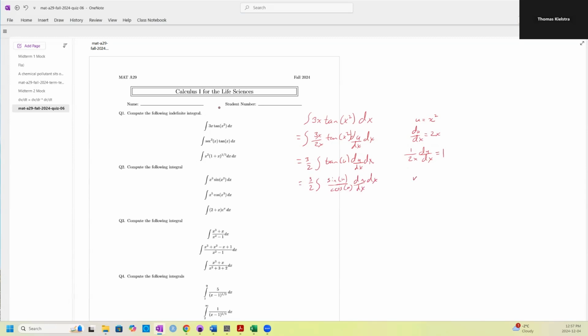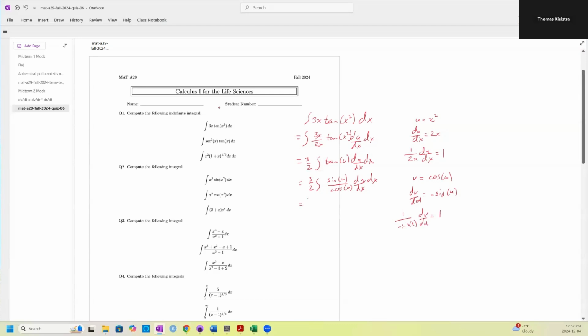And now I'm going to let v equal cos of u, dv by du equals minus sine u, or 1 over minus sine u dv by du equals 1.